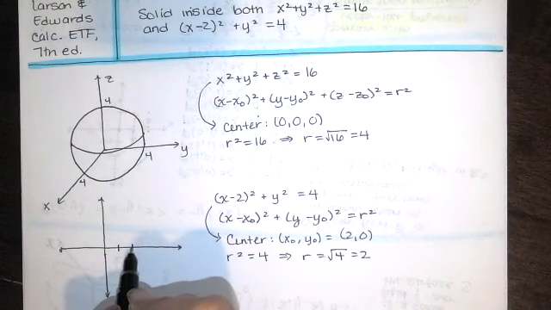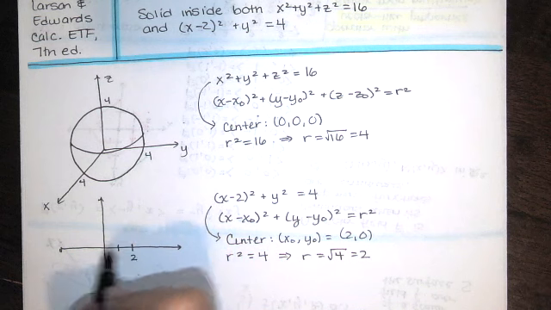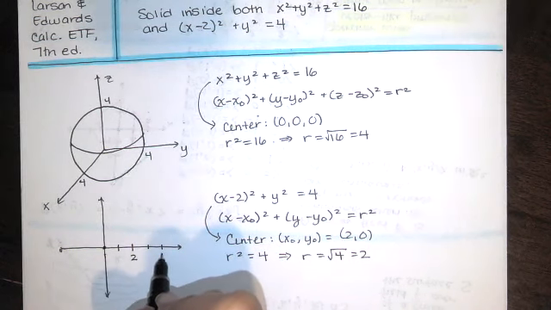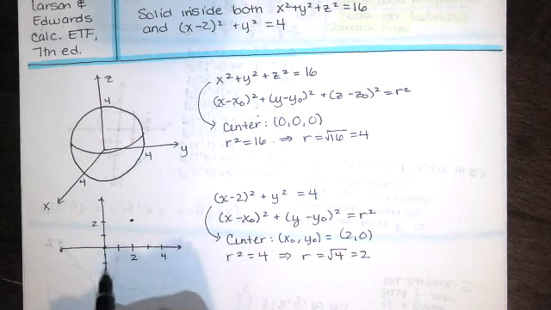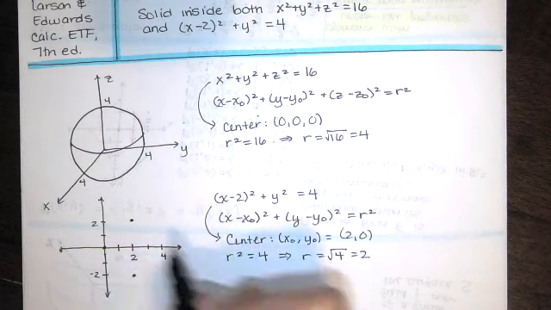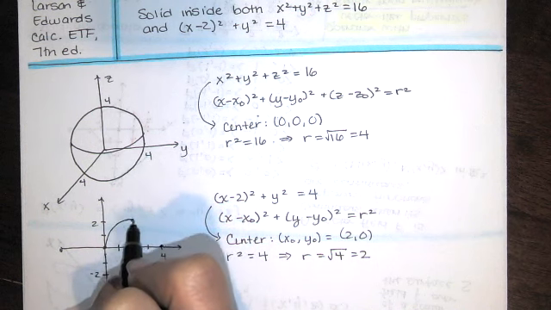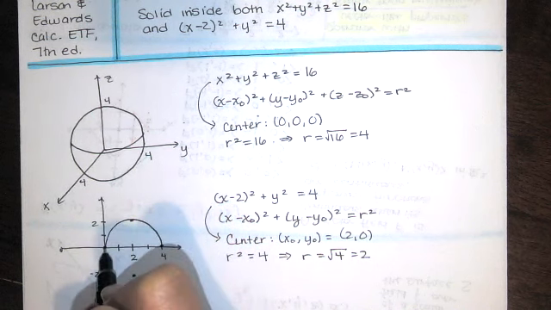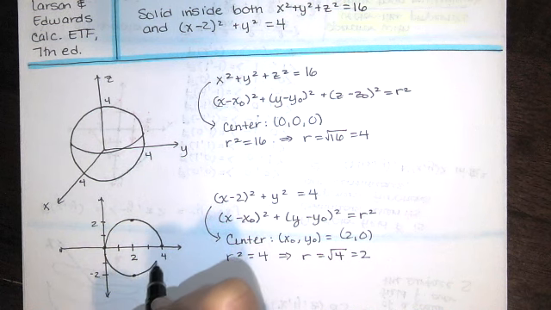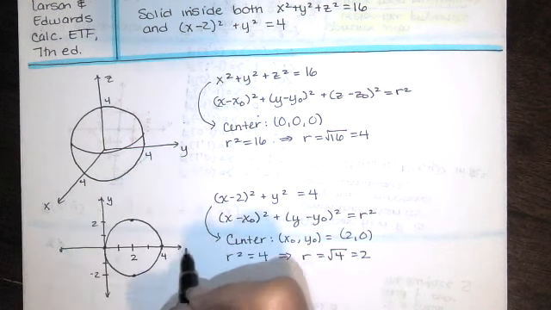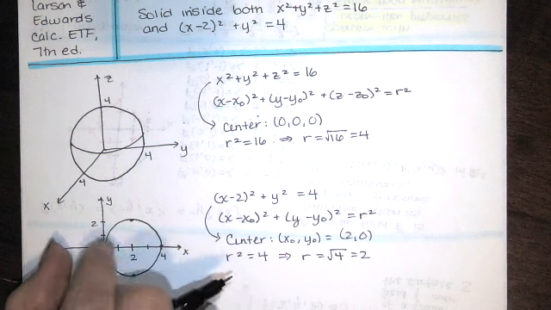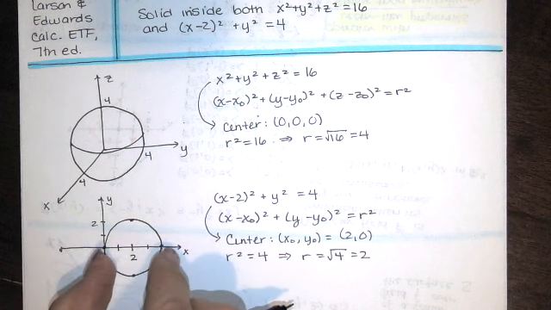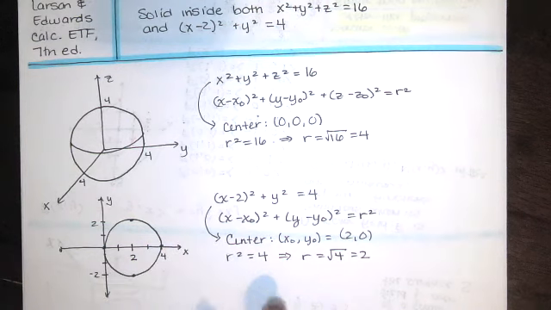So if that's my center, and this is my radius, I'm going to go 2 units to the left and 2 units to the right, up 2 units, and down 2 units. So that's the cross section, or the trace, of that cylinder in the XY plane. Notice that it's offset. It's not centered on the origin, but it's centered at 2, 0 on the X axis.